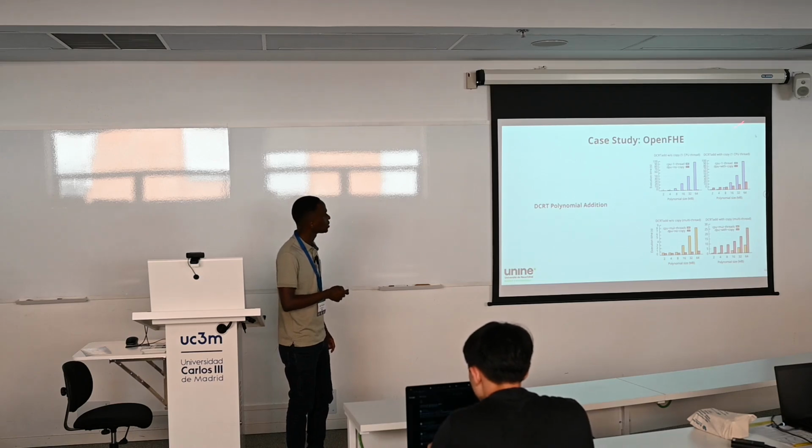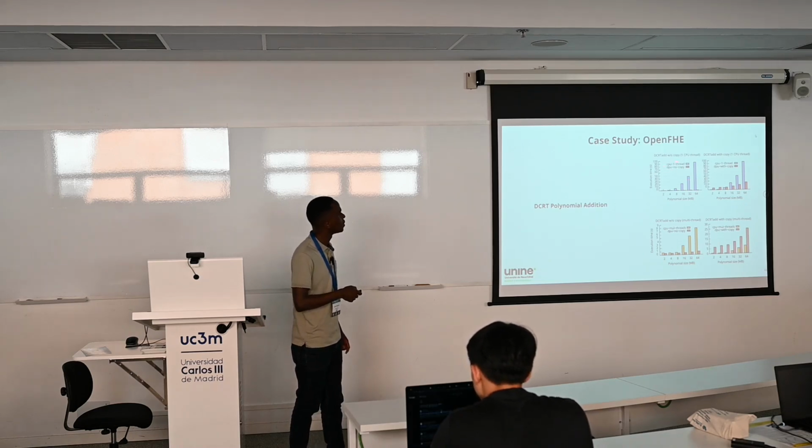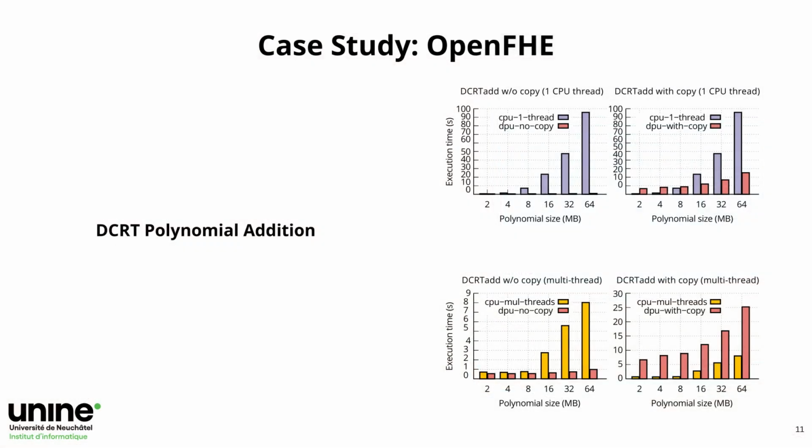So in our evaluation, this is for polynomial addition, and we have the polynomial size and the execution time here in seconds. We run this with one CPU thread and with no copy. You can see that we achieve a great deal of speedup for this polynomial addition. So this shows that we can perform homomorphic addition with a speedup over one CPU thread.